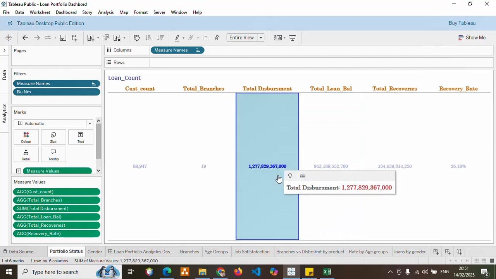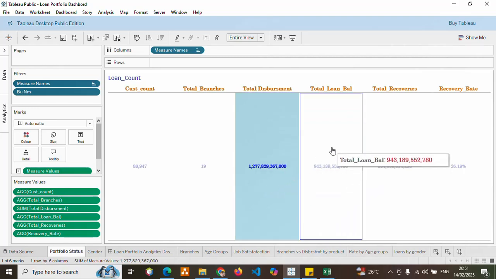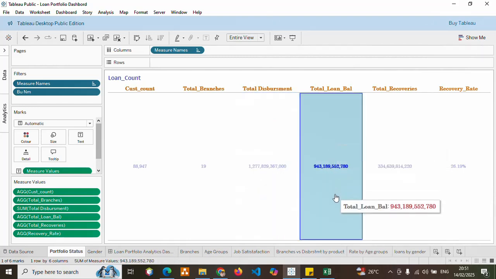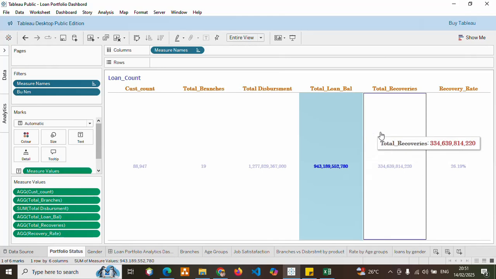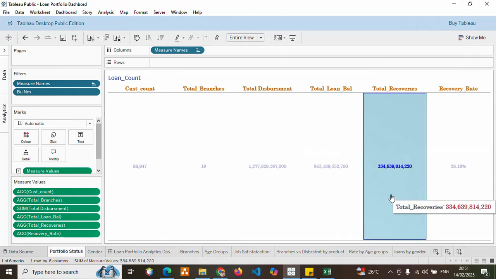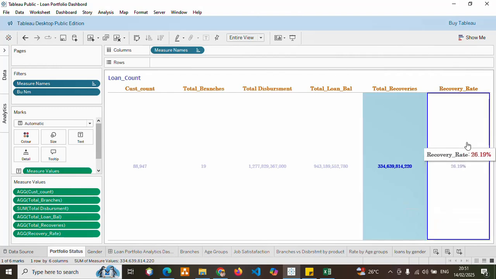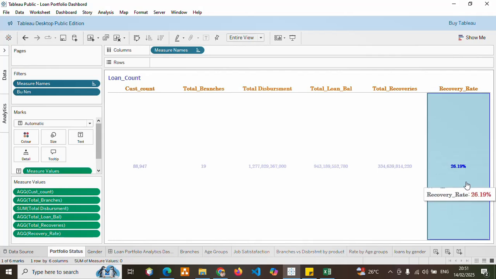From the 1.27 trillion, what is still with the customers, not yet recovered, is over 943 billion. What is recovered so far is 334 billion plus, giving us a recovery rate of 26.19%.